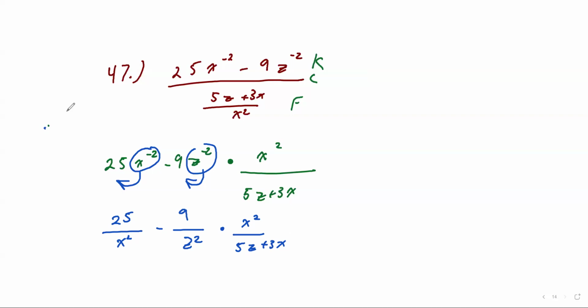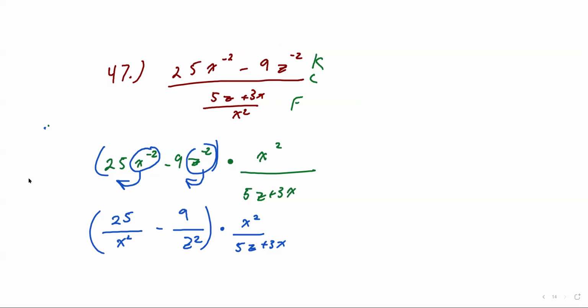A good point to note is that this entire thing should technically be in parentheses because this was part of the grouping. So this will be in parentheses while I work on it.